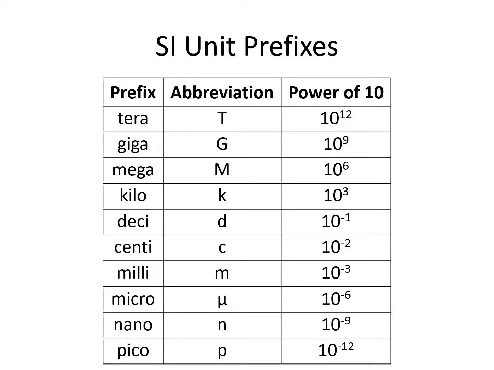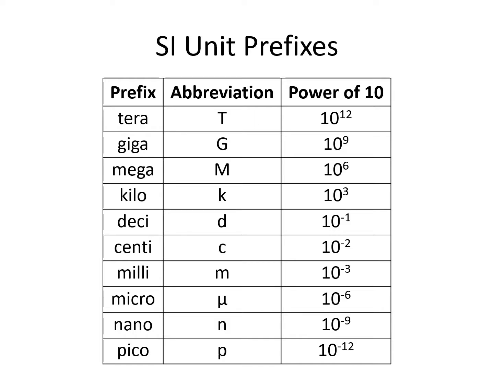Tera, capital T, giga, capital G, mega, capital M, and kilo, k, modify a base unit to become larger. Deci, d, centi, c, milli, m, micro, the Greek letter mu, nano, n, and pico, p, modify a base unit to become smaller.